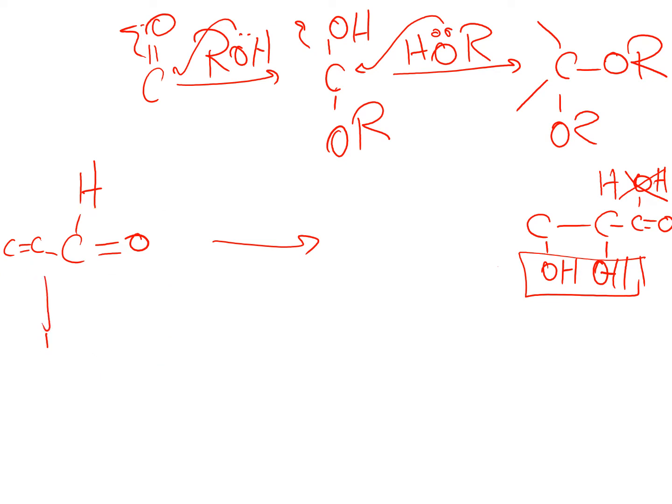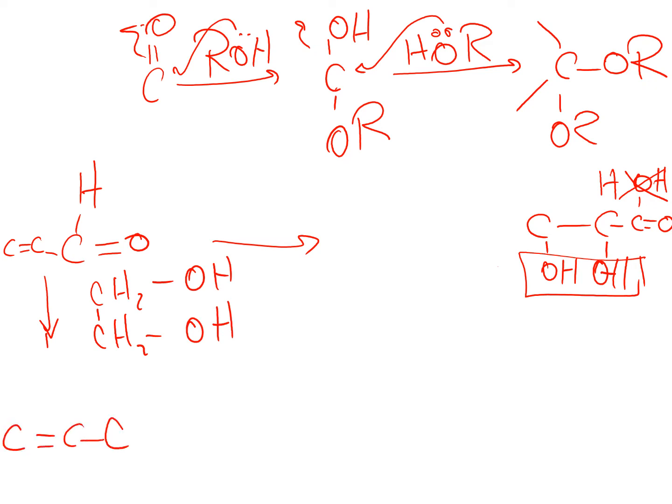Using something like ethylene glycol, producing the cyclic acetal. In this case, you have the C attached to the doubly bonded compound, and then the double bond O will be broken into two oxygens attached to the two carbons of ethylene glycol.